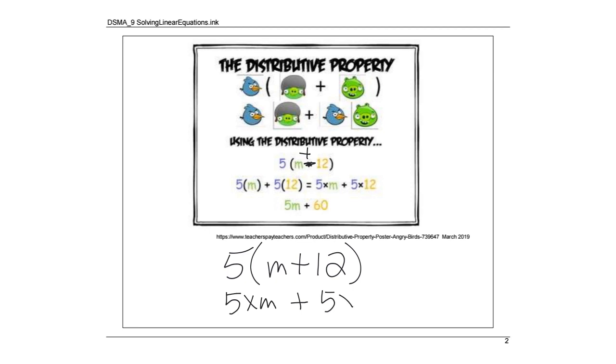We're also going to take 5 times 12. And then, of course, we're going to clean that up. And so that's going to leave us with 5m plus 60. So this is called distributive property. It's very important. And we're going to have to do that all the time before we can start manipulating these equations if we see parentheses and a number in front.